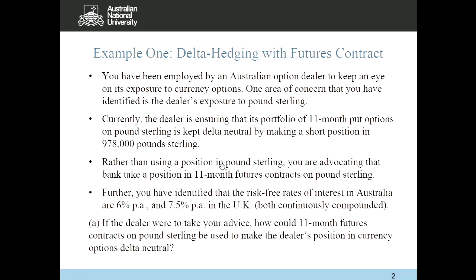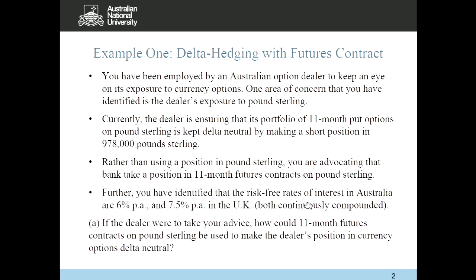Rather than using a position in pound sterling, you advise that the bank should take a position in the 11 months futures contract on pounds. Further, you have identified that the risk-free rate in Australia is 6% per annum, and the risk-free rate in the UK is 7.5% per annum, both continuously compounded.